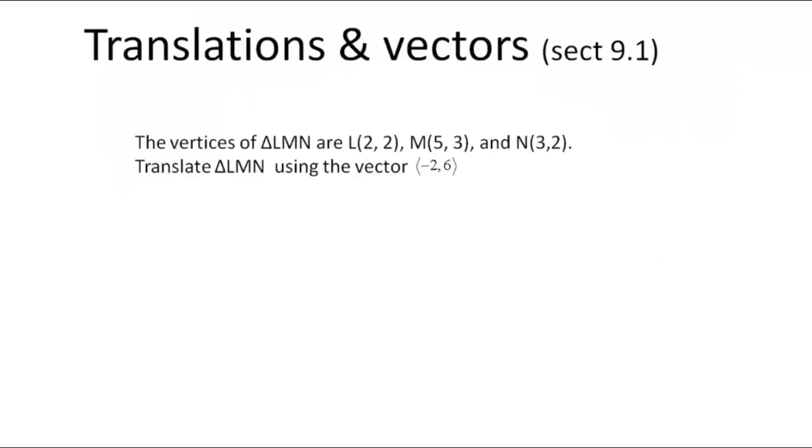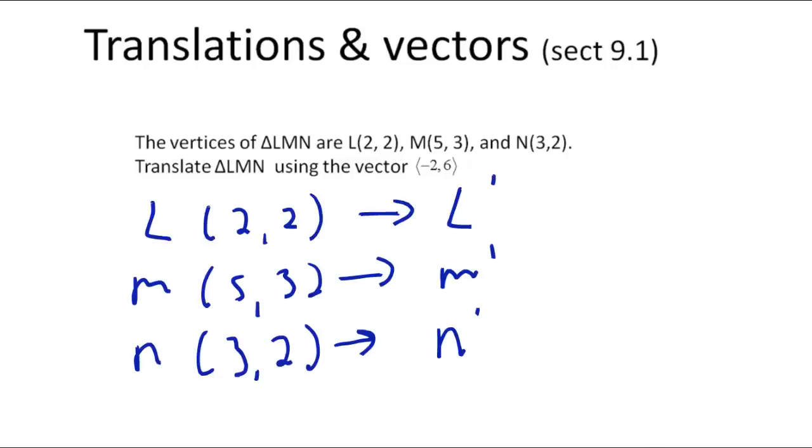Okay, on this next part right here, I am not going to draw it or anything. I'm going to show you that we don't have to draw it. So I've now gone through and listed all my points. I'm going to move it by my vector. So what my vector does is it says take 2 away from my x value. So I have 2 minus 2 is 0. And then I have 2 plus 6 is 8.